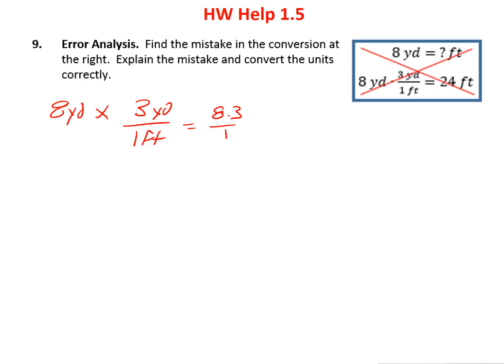But notice what happens if you actually look at the units. You actually end up with yard times yard divided by feet. So you end up with 24 yards squared divided by feet, not 24 feet. Notice how the units didn't go away because you actually had your conversion factor upside down.